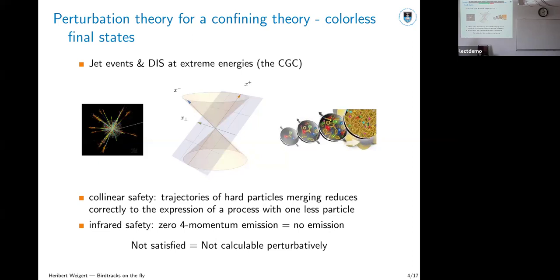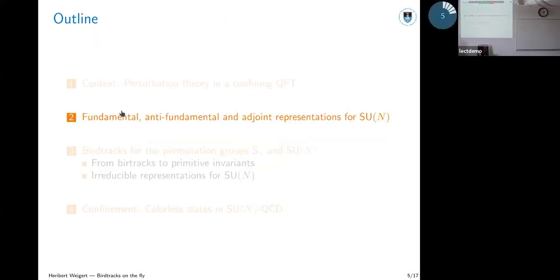And if these limits don't work, you can't calculate perturbatively. That's a big issue. And the question of how to judge whether this works or not, on a deeper level, has to do with understanding the color neutral states in QCD. So that's the background and why I got interested in this sort of thing.